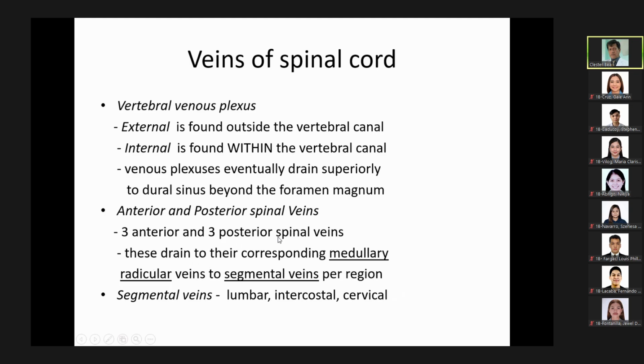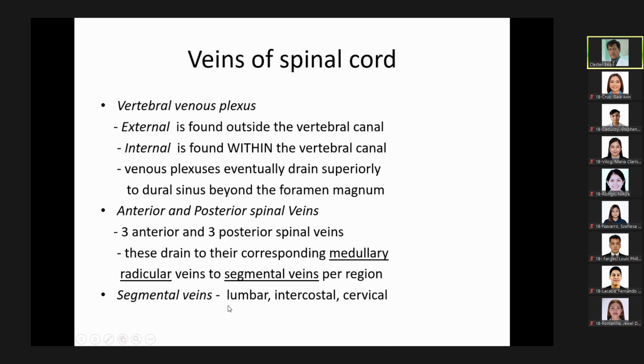Now, the spinal veins can drain vertically, or upward, or they can drain horizontally or transversely via the medial radicular vein to the segmental vein, and they drain to their particular segment or region of the body. Like if they drain to the segmental veins that are the counterpart of your thoracic segmental vein, then they will drain to the intercostal vein.